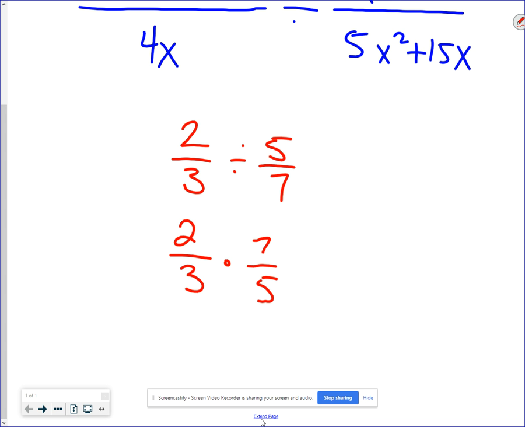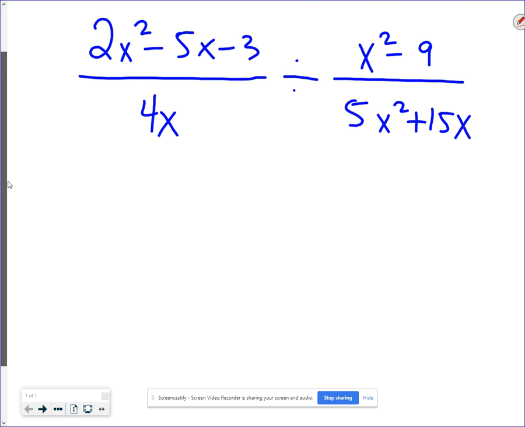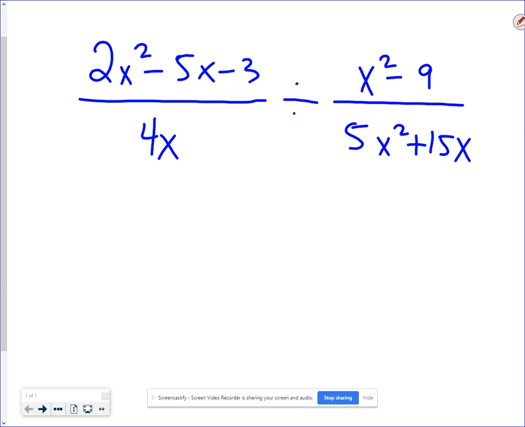That's what we're going to do today too. It's no different, so we're going to do it the same way. Basically, like I said, if you can multiply, you can divide, because you're going to multiply by the reciprocal of the second fraction.